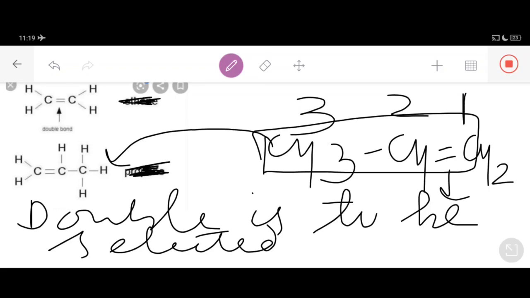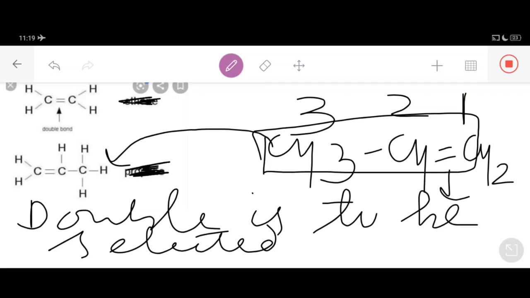Somebody will ask, why prefer the double bond? Because the double bond should get the lowest possible number, dear students. To make you absolutely clear, that's why I have jotted down this example.